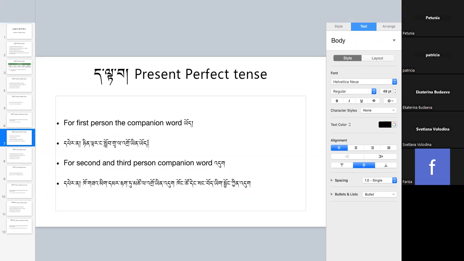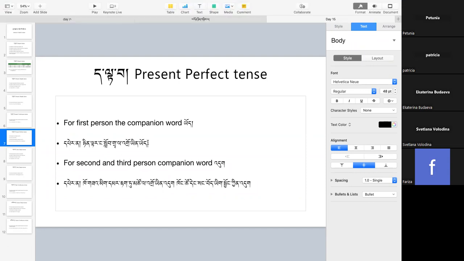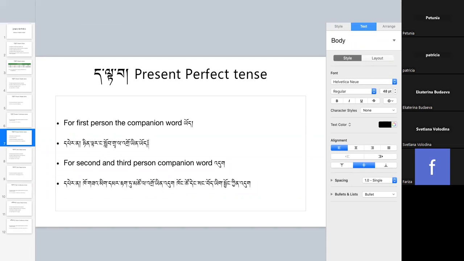Cheshin ye, present continuous for the first person. Cheshin tuk, present continuous for the second and third person. Chekin ye, present perfect tense for the first person. Chekin tuk, present perfect tense for second and third person.